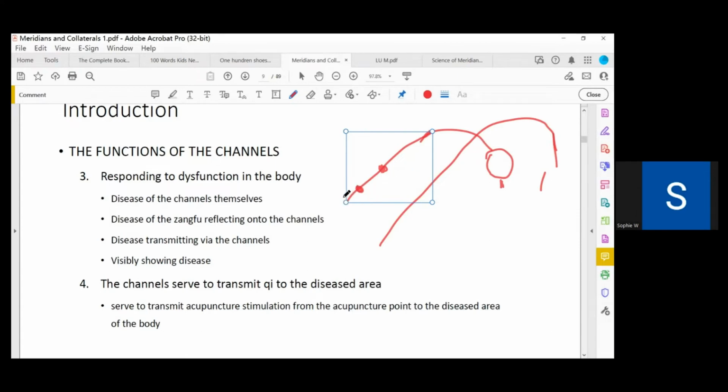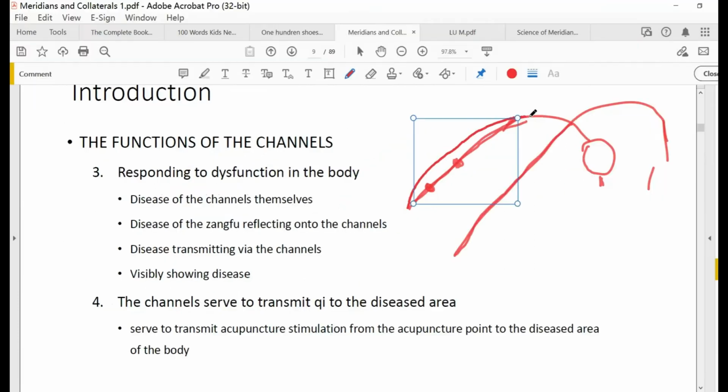And if there's something wrong with this meridian, the pathogens and the disease could transmit to this one. Let's go here into this channel, right?